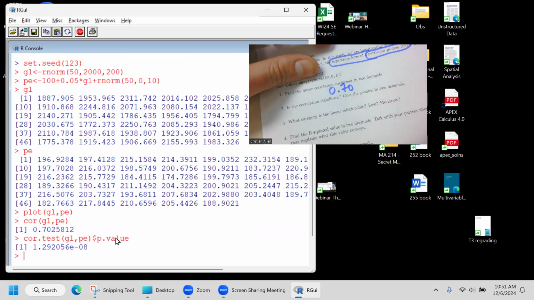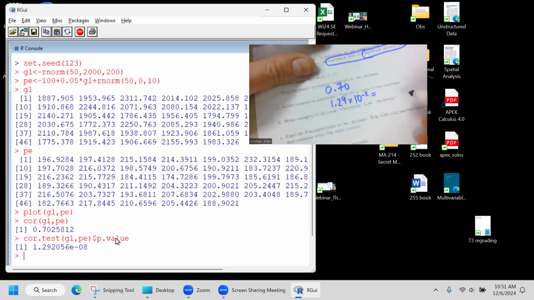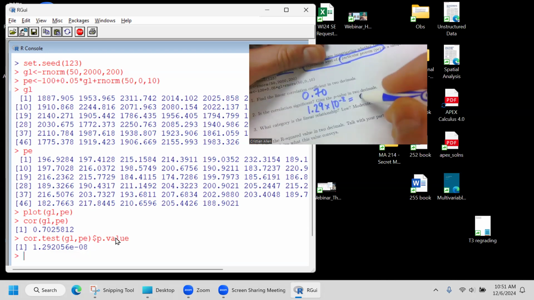With the e-8 that we're seeing there, that's basically saying 1.29 times 10 to the -8. This means you move the decimal 8 times, which means there are 7 zeros there. 1, 2, 3, 4, 5, 6, 7, 8.